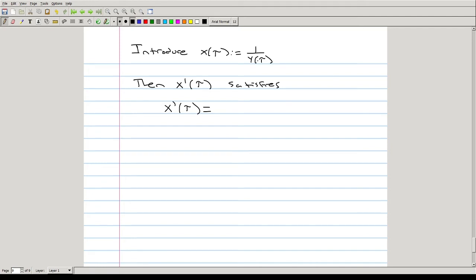It's going to be, from the chain rule, 1 over y of tau squared times negative 1, all of this multiplied by the derivative y prime of tau. And I'm going to remove the functional notation for short right here, just because it's going to be a little bit easier to see the manipulations that we're going to do.